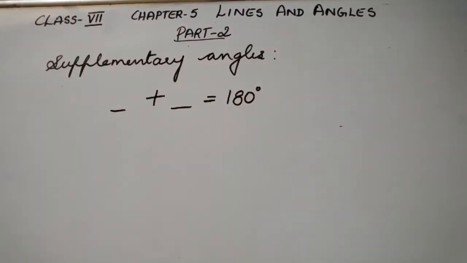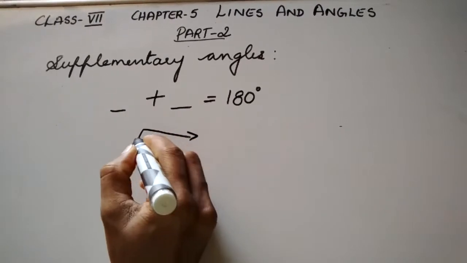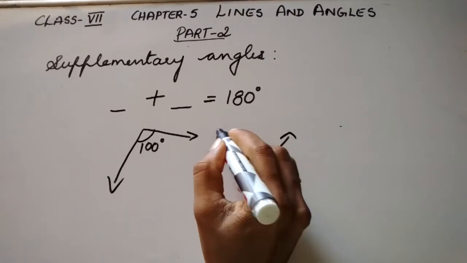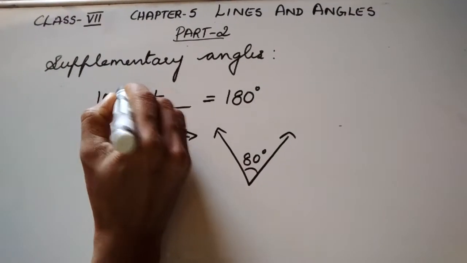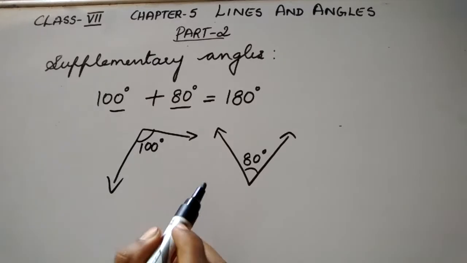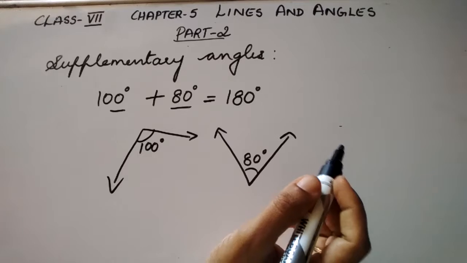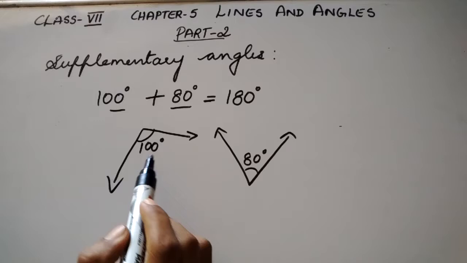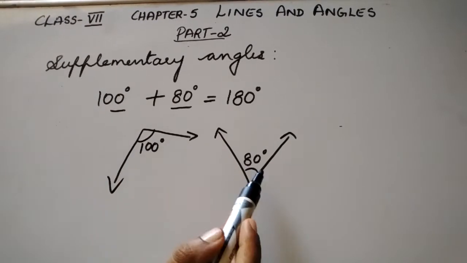Okay, for example, suppose I have here an angle 100 degree and here I have 80 degree. 100 degree plus 80 degree, it sums to 180 degree. So here when the sum of the measures of two angles is 180 degree, the angles are called supplementary angles. So 100 degree and 80 degree are called the supplementary angles.